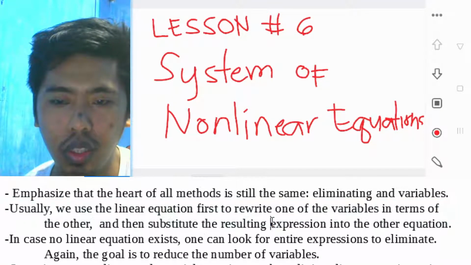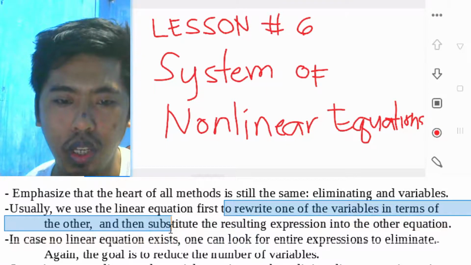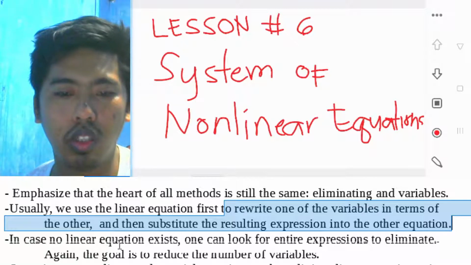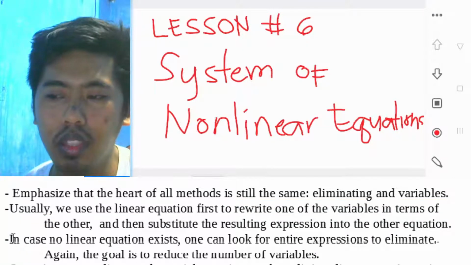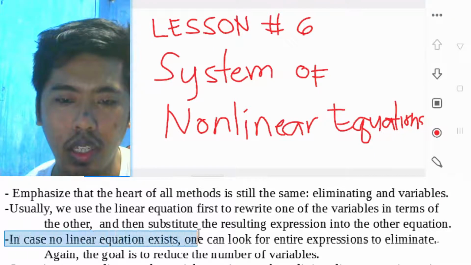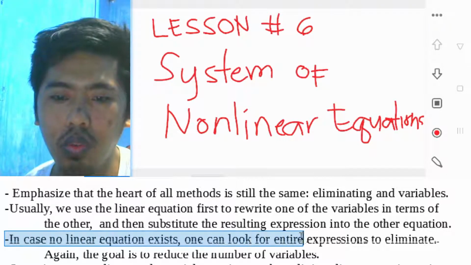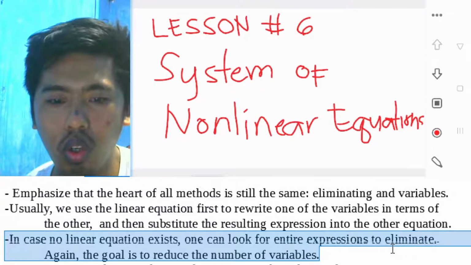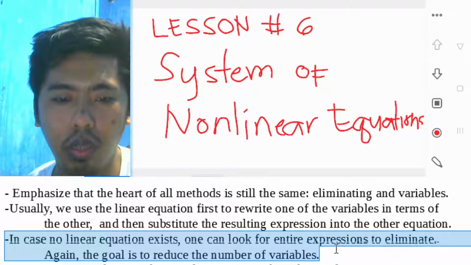Okay? So basically, rewrite una ang variable in terms of the other, then substitute the resulting expression to the other equation. Now next, in case no linear equation exists, one can look for entire expression to eliminate. Again, the goal is to reduce the number of variables.